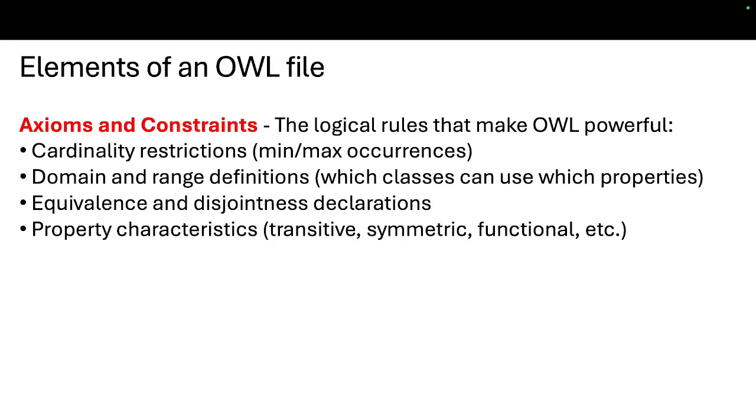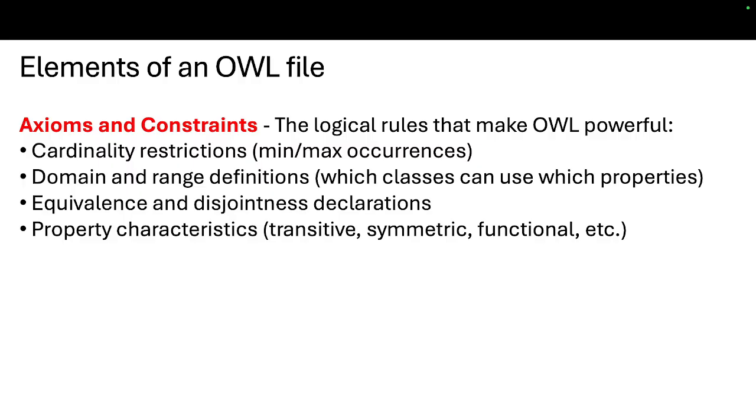And finally, we have axioms and constraints. These are the semantic logical rules that make the web ontology language powerful. Things like min, max occurrences, the domain and range definitions.